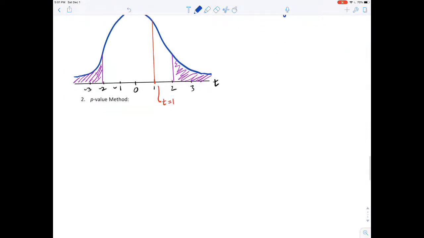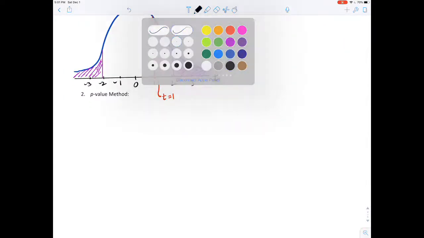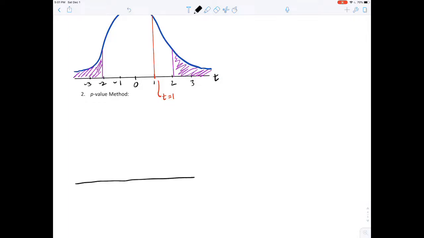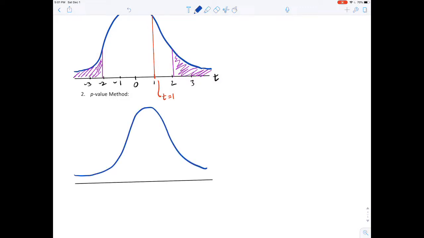All right, so our p-value method kind of looks similar, remember? Again, we're going to have fat tails, roughly something like this, and this is our t-axis.